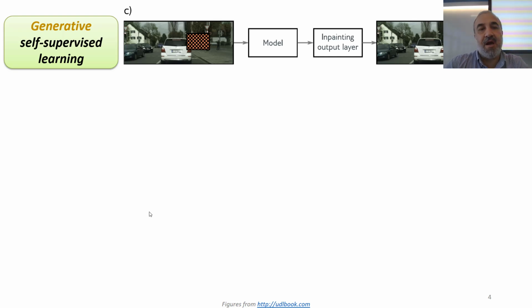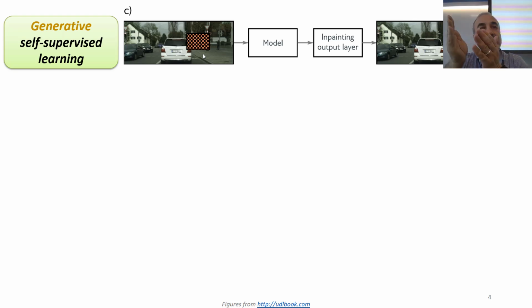Okay, for example, I have these images. I can mask part of the image and train a model to predict the masked part. Do I need humans to label this data for me? No, I can automatically black out parts of the image and I know that part, right?